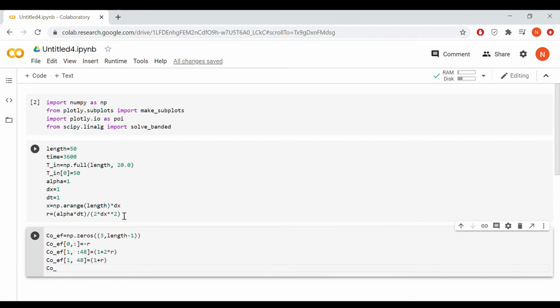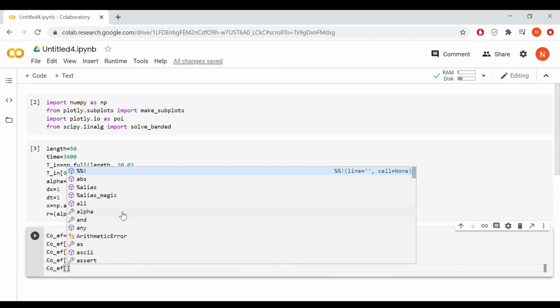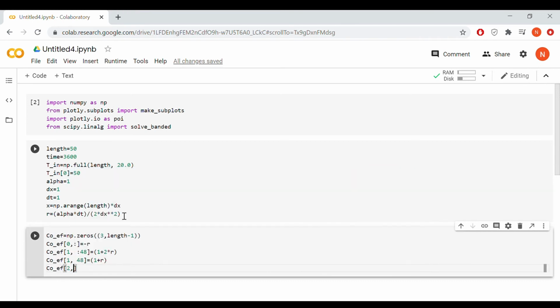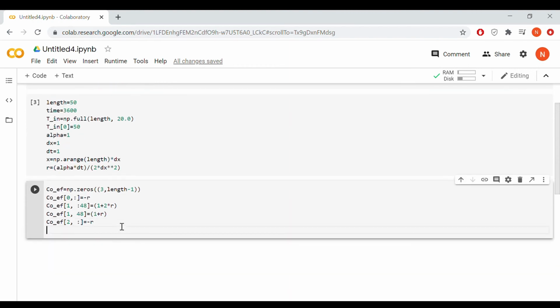Then coefficients from 2 equals negative r. Run this. Okay.